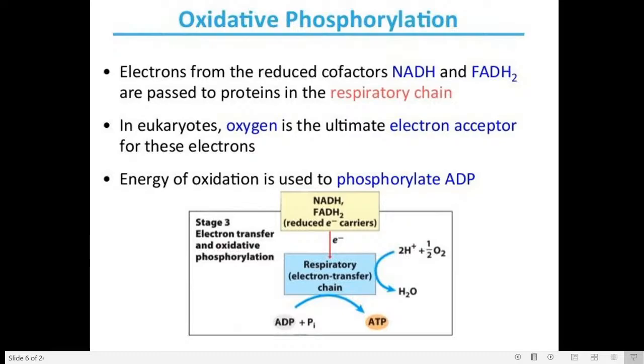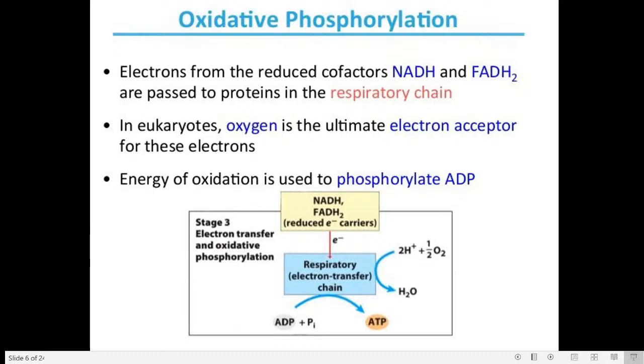In oxidative phosphorylation, electrons from the reduced cofactors NADH and FADH2 are passed to proteins in the respiratory chain. This makes oxidative phosphorylation.